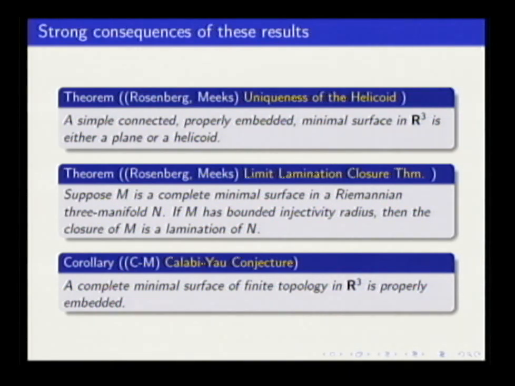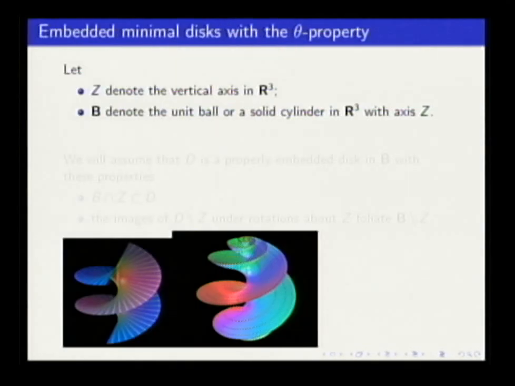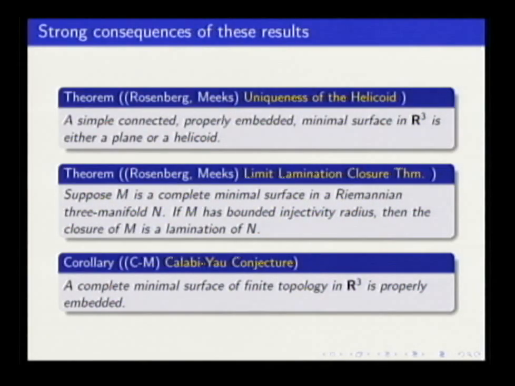Provided the hypothesis is you have bounded injectivity radius on the submanifold, on the surface. And as a consequence of that, because surfaces of finite topology have bounded injectivity radius, you can give another proof of the Calabi-Yau conjecture: if you have finite topology, you can use this theorem to show that if it's not proper, it has a closure point.